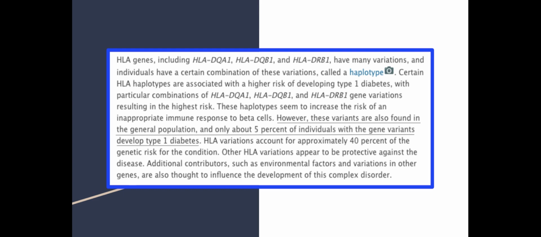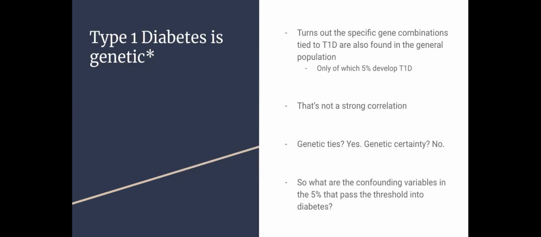Okay, so then you scroll down to the bottom. Additional contributors, such as environmental factors and variations in other genes, are also thought to influence the development of this complex disorder. So, turns out the specific gene combinations tied to type 1 diabetes are also found in the general population, only 5% of which, so 95% of the people that have the same genes that got you type 1 diabetes don't have type 1 diabetes.